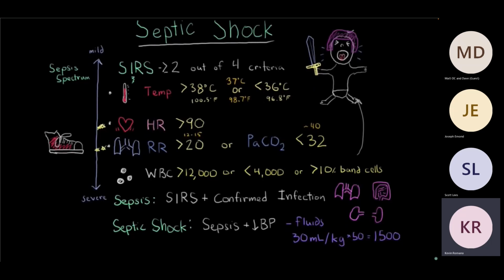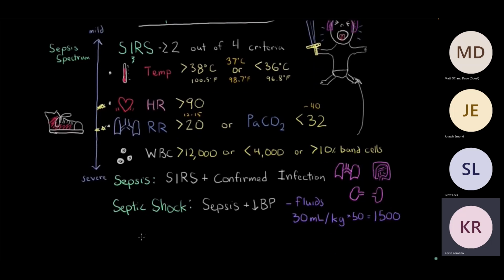Last of all, on the most severe end of the sepsis spectrum, is MODS. This stands for multiple organ dysfunction syndrome. Multiple organ dysfunction syndrome is when a patient has severe septic shock with organ failure. Now I know that I said at the more severe end of sepsis there would be organ dysfunction.